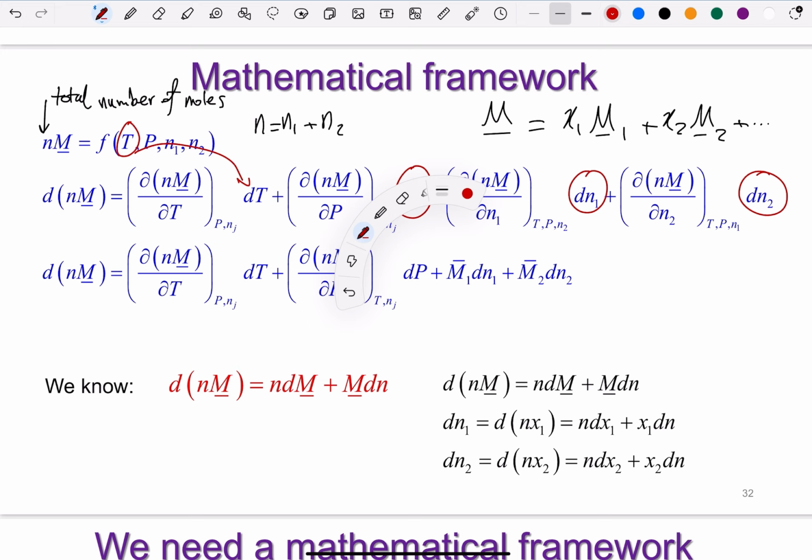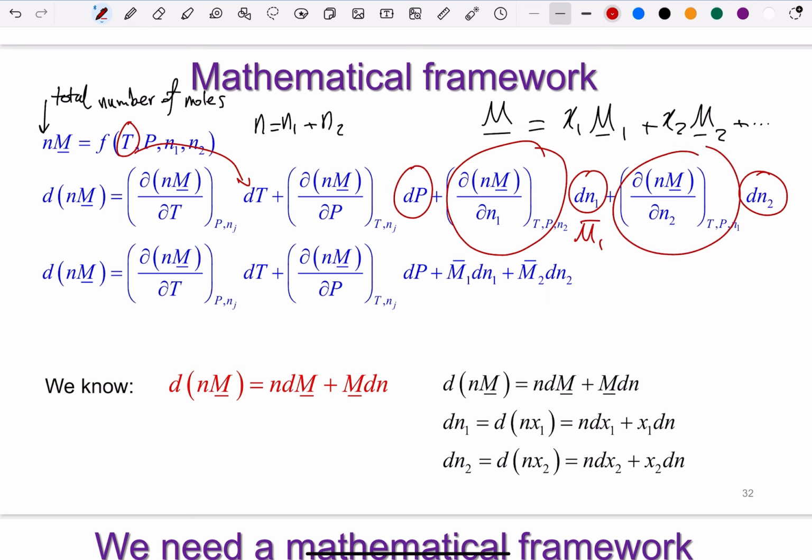All right, so the way that we have defined partial molar properties, I can see that this is M1 bar, and this is M2 bar, right? So that was the starting point, that is the proposed definition.